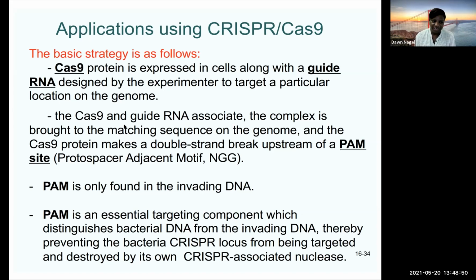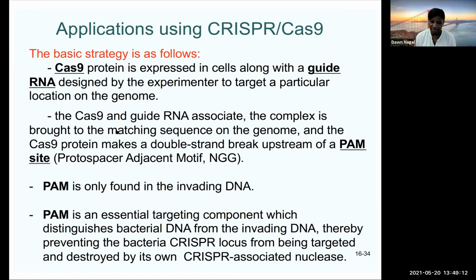So if you have this Cas9 and guide RNA, you can say, okay, I want to target this gene in the human genome that I know codes for, let's say, eye color. You have your Cas9 protein, where you can order it. You have the guide RNA, which is a piece of RNA representing that gene that you're interested in.